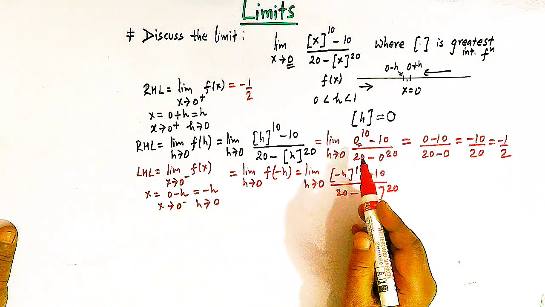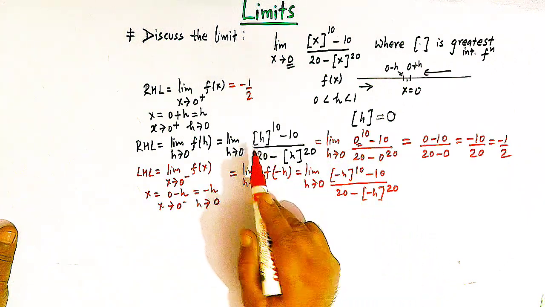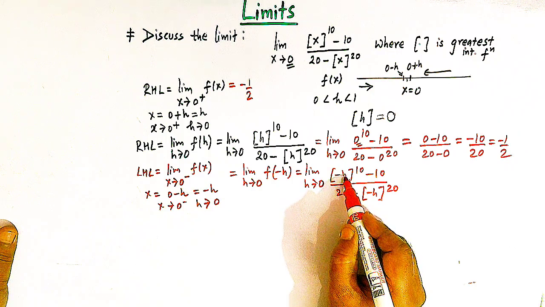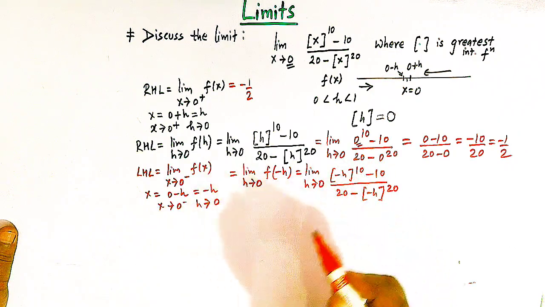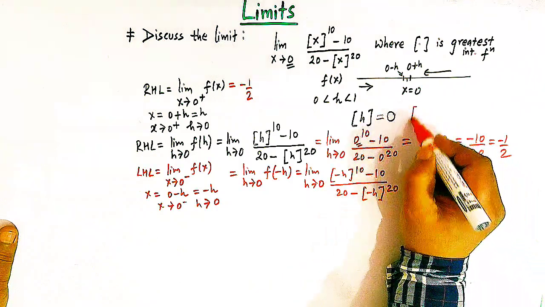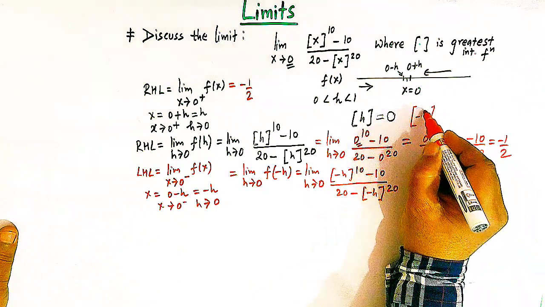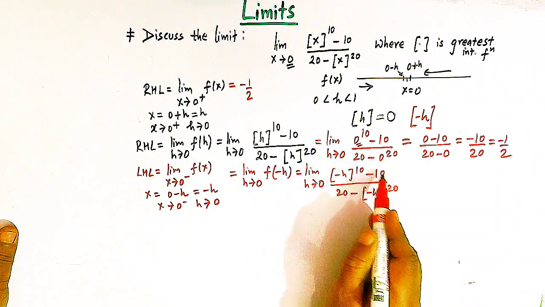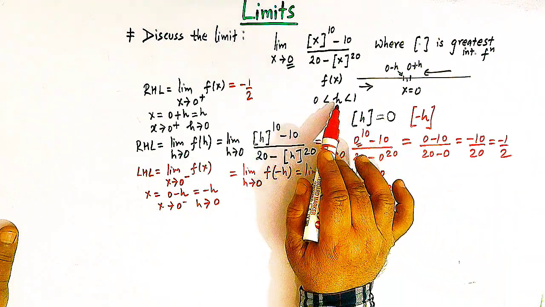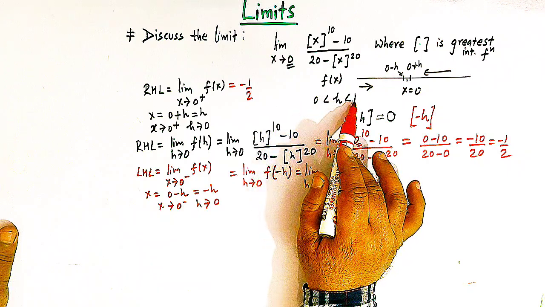Okay, so as we have just explained, we cannot directly take h equal to 0 in this expression, right? So we'll first calculate the greatest integer of minus h which appears in this expression. See, h lies between 0 and 1.